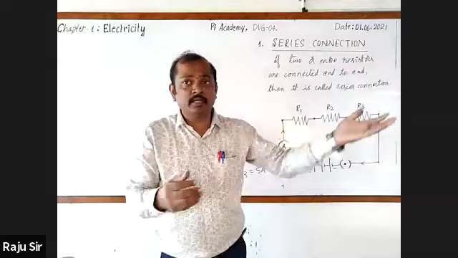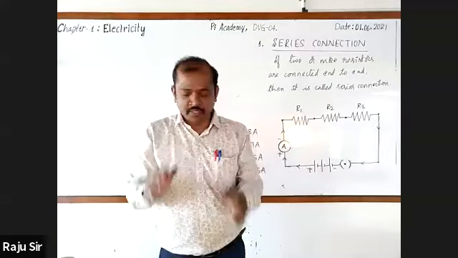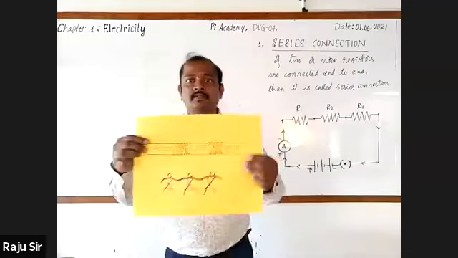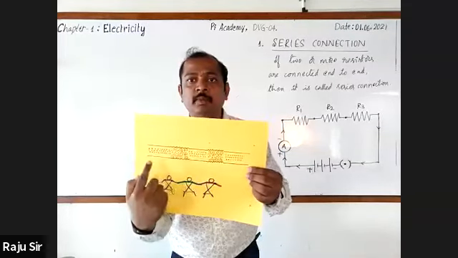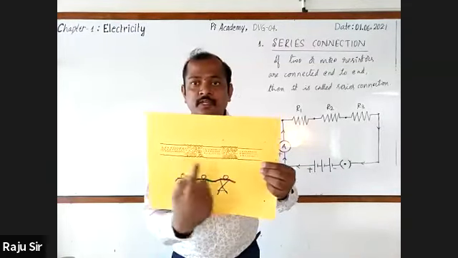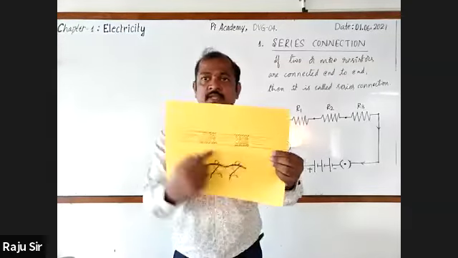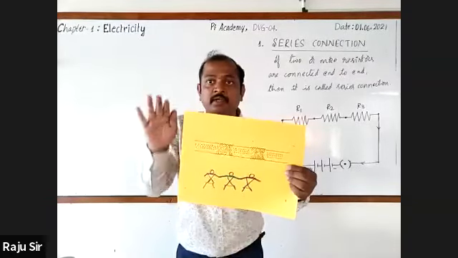Will it go on increasing or decreasing? Decreasing, sir. It will go on decreasing, right? Similarly, here also, as more resistors are introduced, there will be more obstruction for the flow of electrons. As a result, the current decreases.